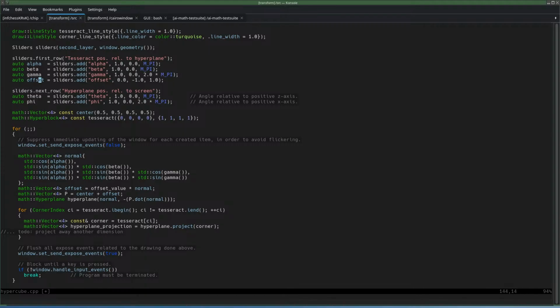This was called offset value. So add, now you should return a lambda.